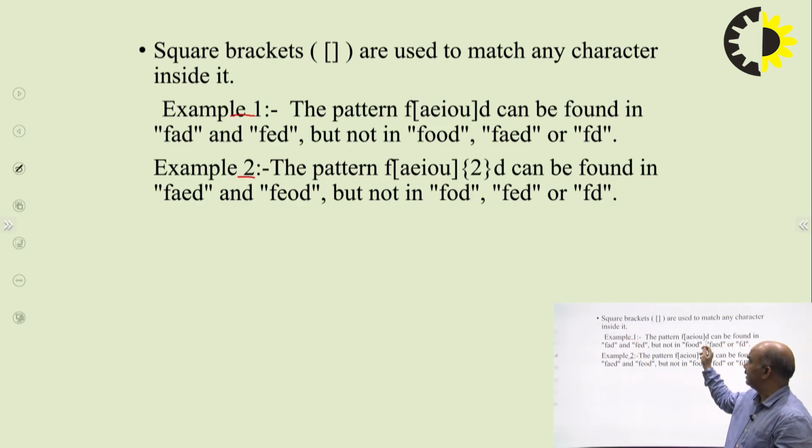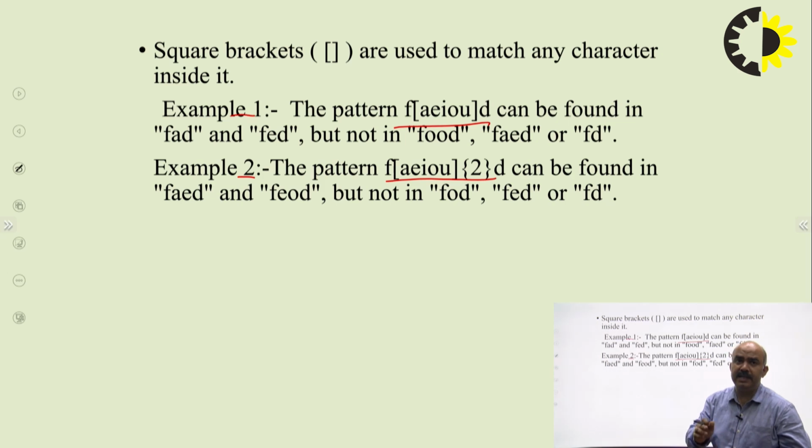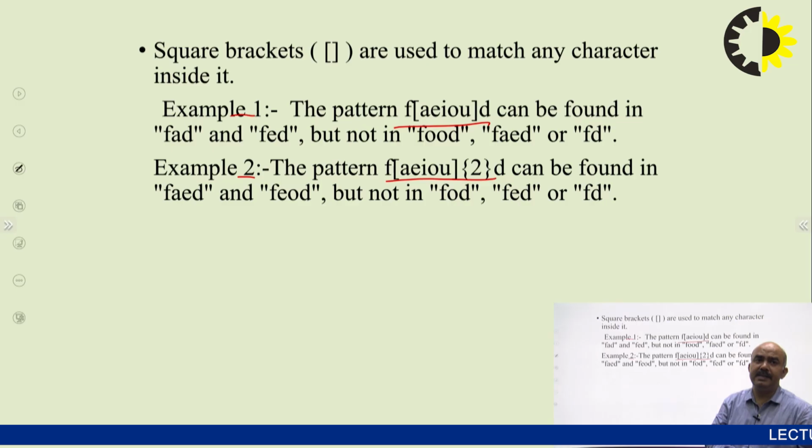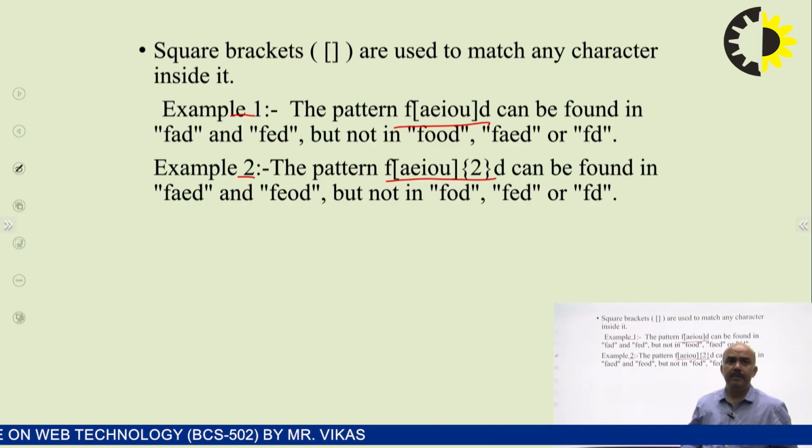In both cases we are checking the vowels, but in the second example we are checking whether two appear simultaneously, in pairs. Here only single values are there out of this, then that is acceptable. That input string pattern is acceptable, otherwise it will be discarded.